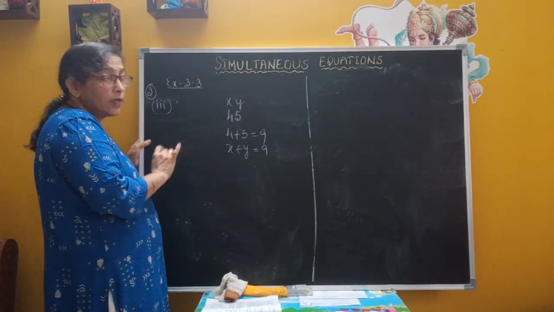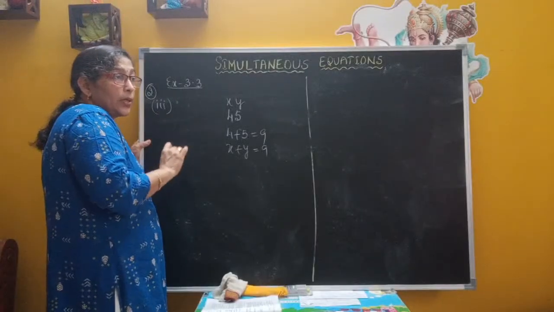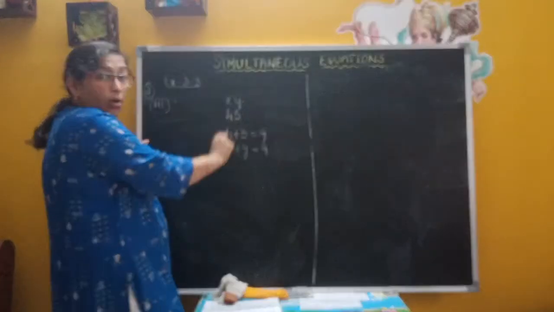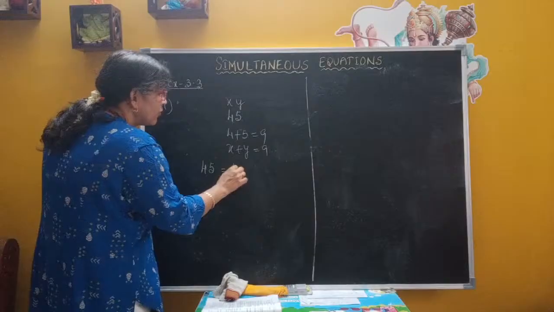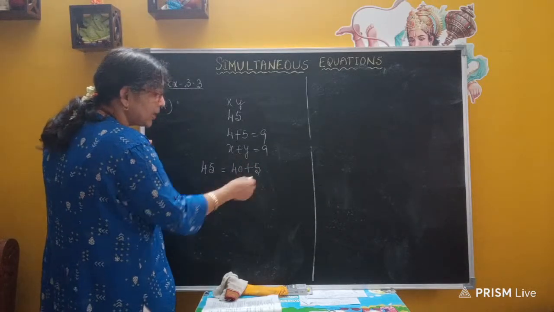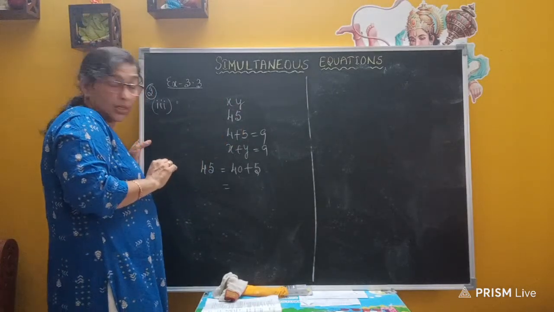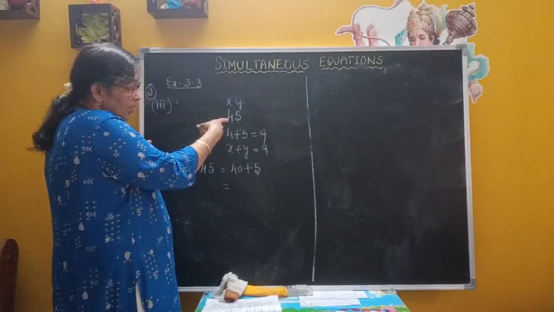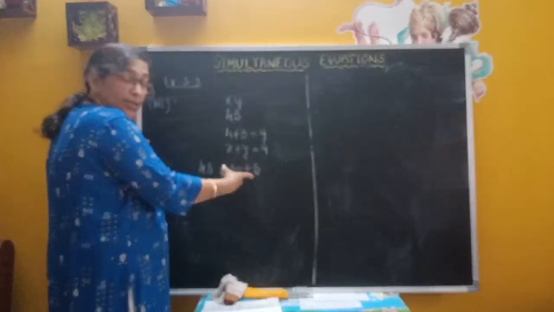This is a little confusing, isn't it? Now, if I write 45 with place values, how will you write it? Distribute this number according to the place value. 45 can be written as 40 plus 5. 40 can be written as, here 4 is in your tens place and 5 is in units place. Correct? So here 40, that is 4, since it is in tens place, its place value is 40. 5 is in units place, so its place value is 5.